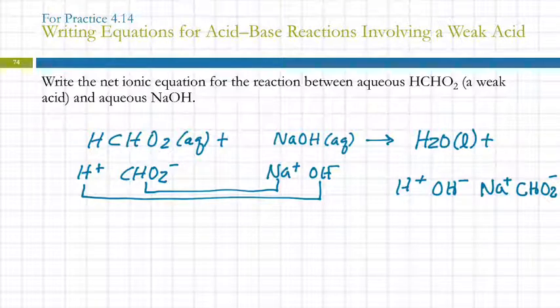So there, we just look at the charges, and we can write the formula for that, NaCHO2, and we can use solubility rules to predict the state. The first row says that sodium, lithium, potassium, and ammonium compounds are always soluble, no exceptions. So even though this is an anion we haven't seen before, we can still use the rule. This is aqueous.